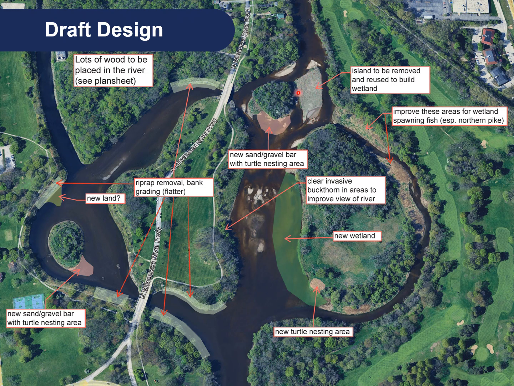We'd like to remove that and improve the flow of water through this area, and then reuse that material to build out this wetland bench on this side of this island. And then by narrowing up the river through here, that should improve the movement of some of this sand and silt through that area. So we think that will go a long way to improving the depth through this area.